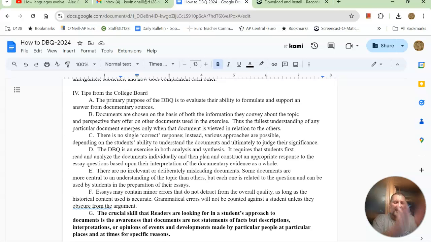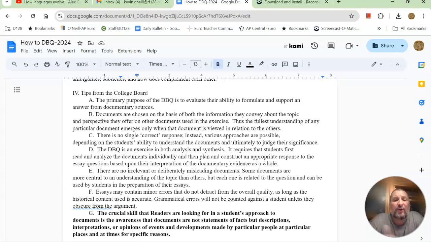So don't think of each one as a separate independent contractor. The DBQ takes about 2 to 3 years for the College Board to write because they are trying to make this so perfect. And so these documents have been carefully curated for this question.